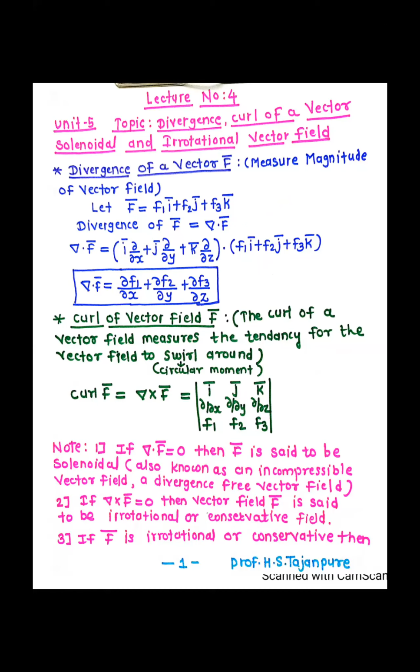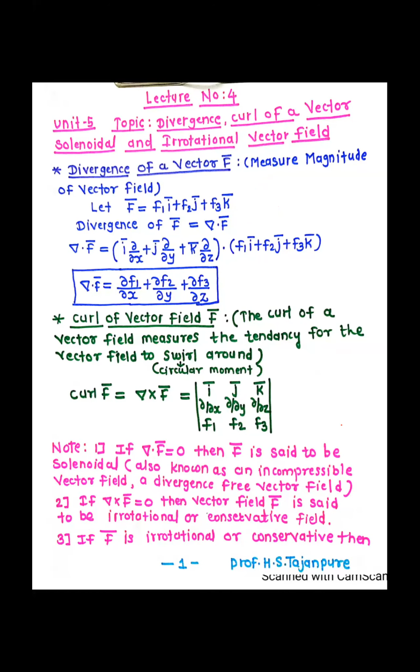Dot product means we multiply the scalar component of i bar, then of j bar, and of k bar. So it will be del f1 by del x, plus del f2 by del y, plus del f3 by del z. In this way we can find the divergence of vector field f bar.